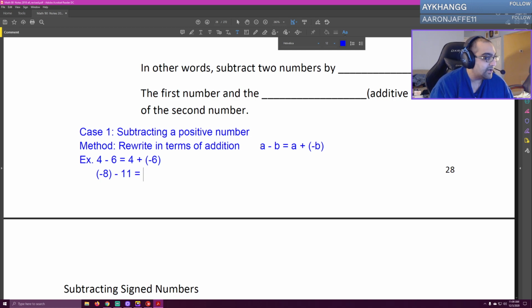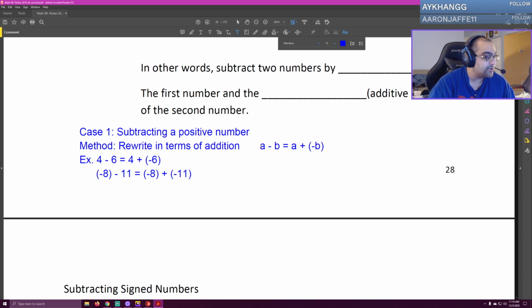Well, I can rewrite -8 minus 11 as -8 plus -11. So basically what I want you to see is how to rewrite this in much clearer terms, where it's easier for us to apply those rules that we talked about last time when we did addition of signed numbers.